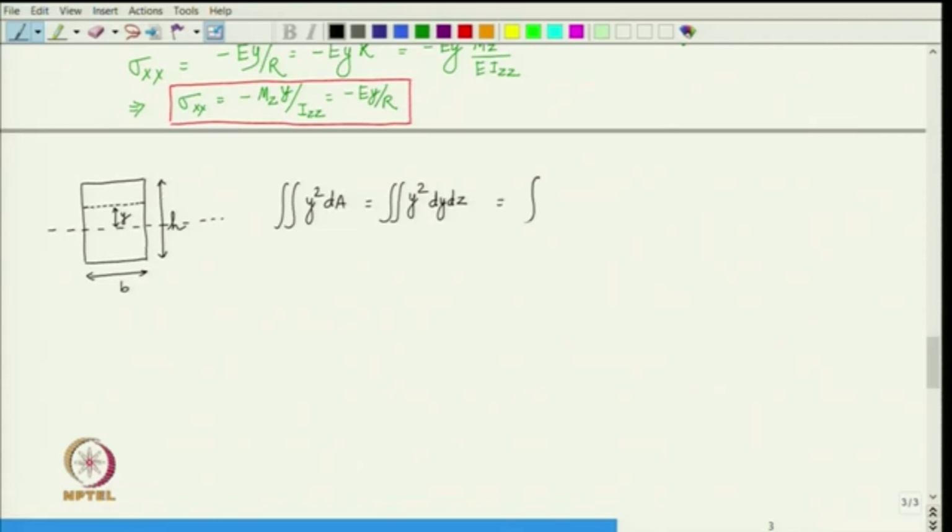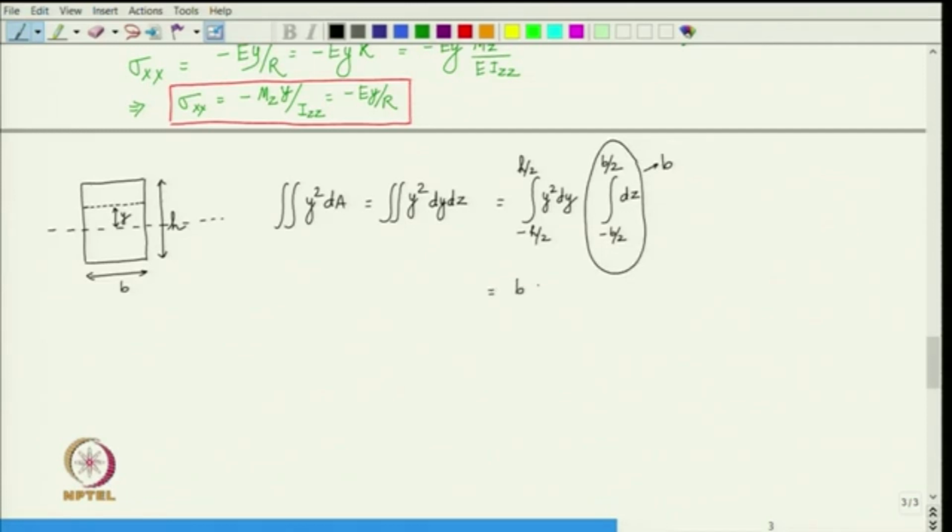So, this becomes integral y square dy, and this goes from minus h by 2 to h by 2, and we have the z integral dz going from minus b by 2 to b by 2, right. So, the z integral is a constant, and this gives us b.